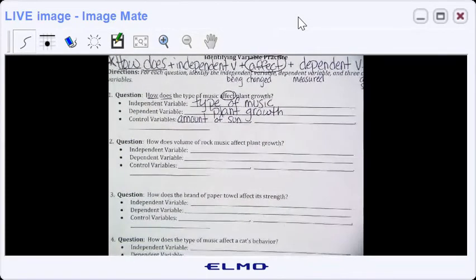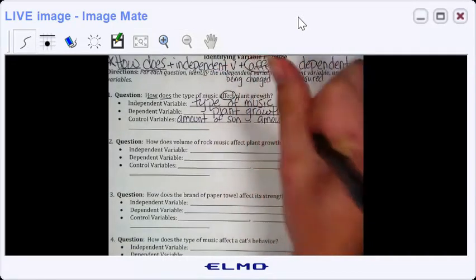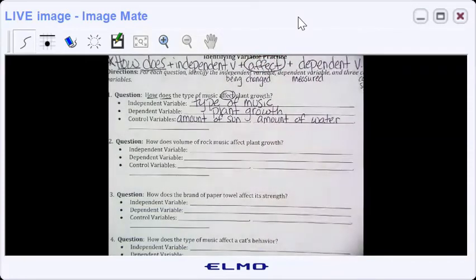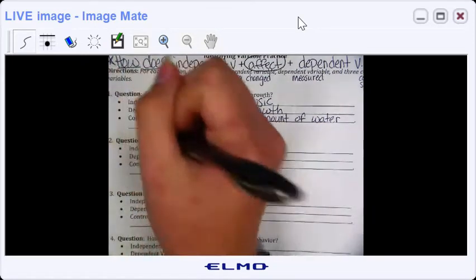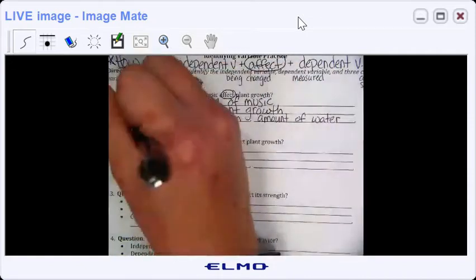So the amount of water you give it needs to stay the same. And lastly, what else? Where do plants grow? What do they need underneath them? You might have thought food, but it's soil, the nutrients in the soil it needs. So the same kind of soil. You don't want one growing in a desert and one growing in Miracle-Gro.